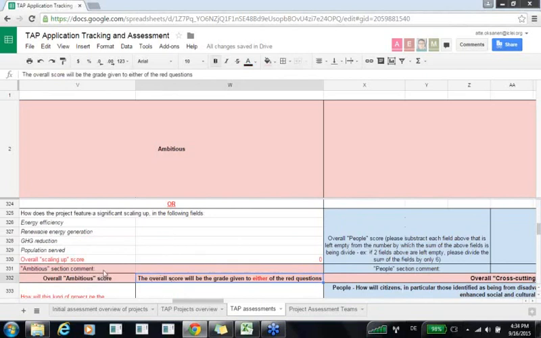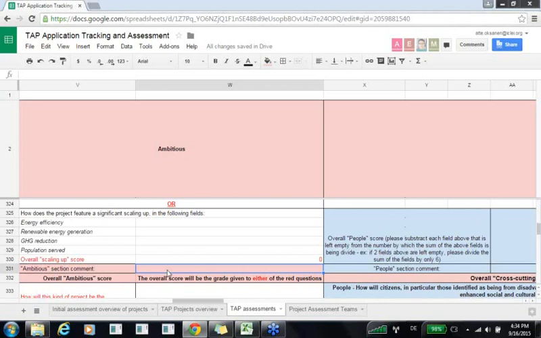But let's not forget about this section comment. This comment section, sorry, here. This is an important aspect of the assessment sheet. Here you would give any comment you feel you need to give about the application.